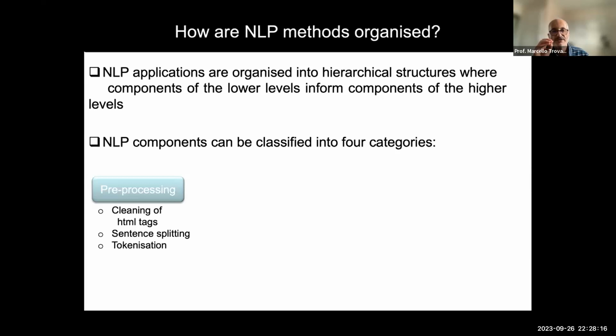Pre-processing tends to be quite demanding, especially when it comes to large quantities of data. Pre-processing also includes the identification of sentences, so we want to split sentences, and also tokenization. I will explain this in more detail.